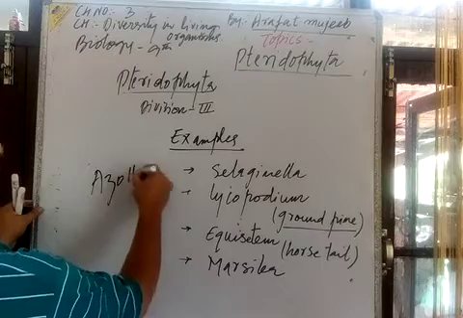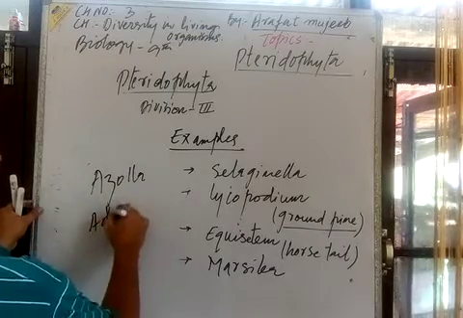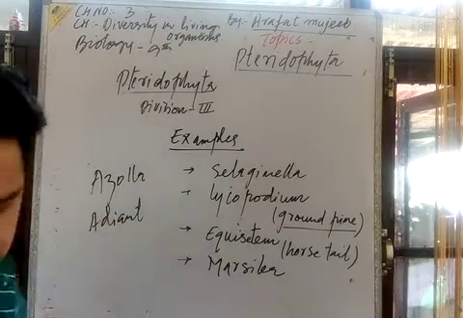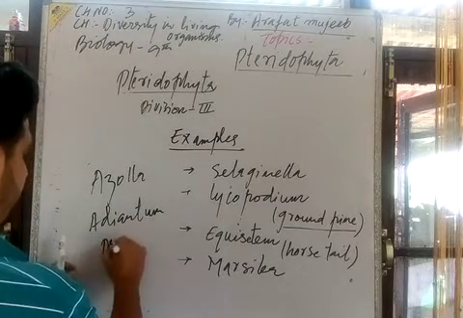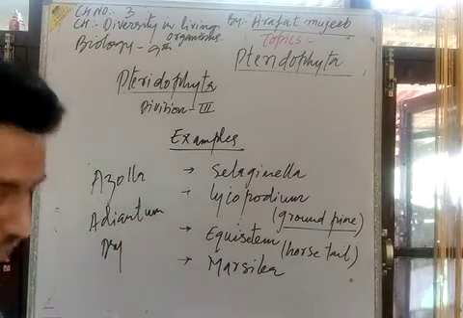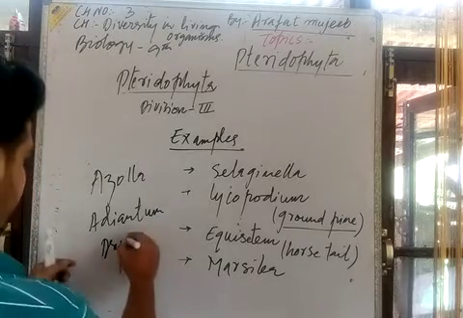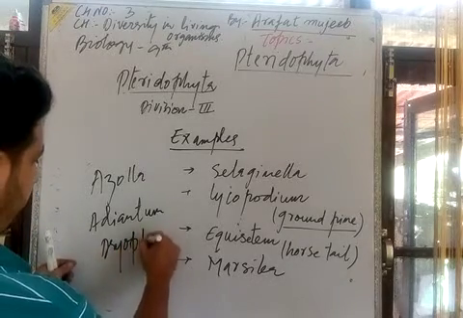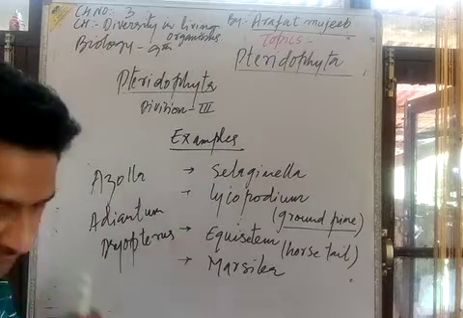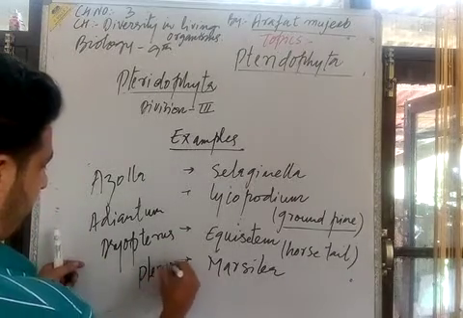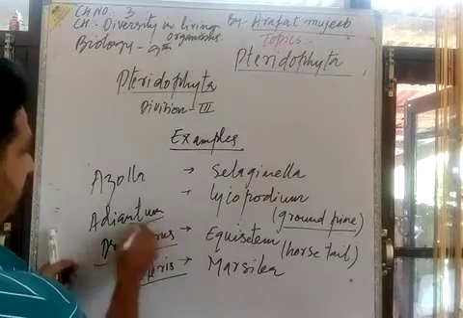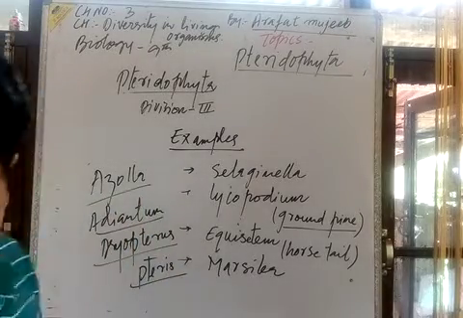There is the Azolla. There is the Adiantum. Then there is Dryopteris. There is the Pteris. There are various examples including the pteridophytes.